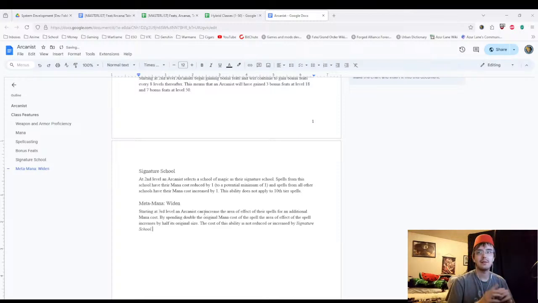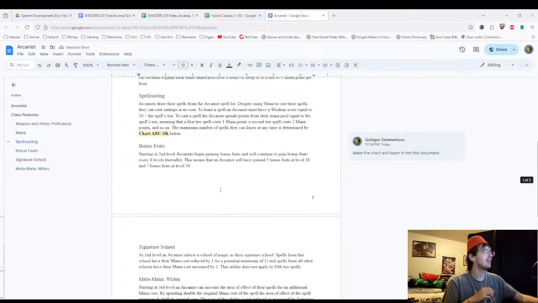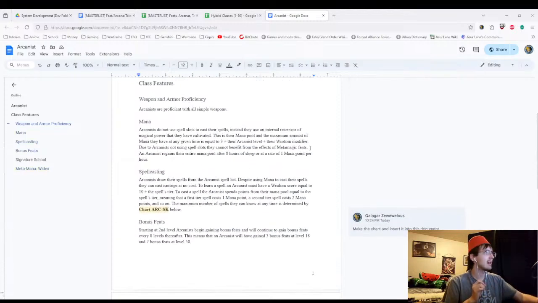So our Arcanist is going to be locked out of taking meta magic. Yeah, I said that already. So, Aiden, right here, this sentence: due to Arcanists not using spell slots, they cannot benefit from the effects of meta magic feats. Technically, they're not hard forbidden from taking meta magic feats, but there's no use in taking them because they don't have spell slots.